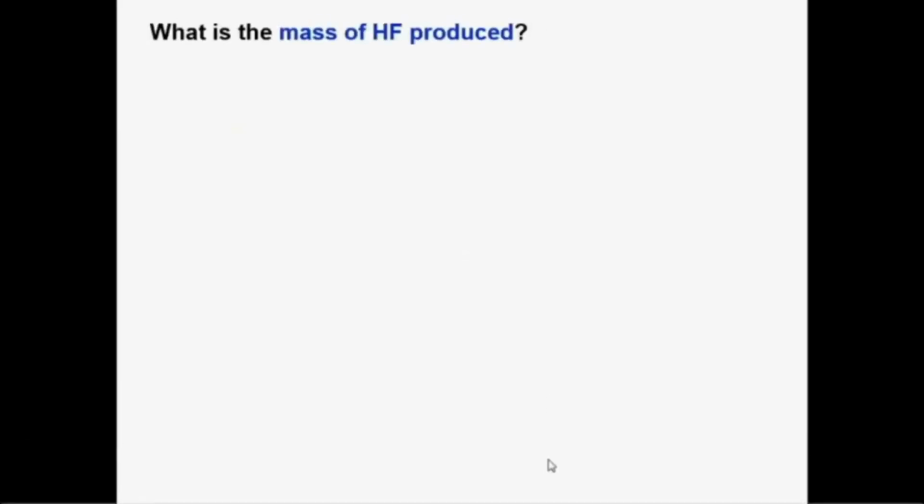Let's say, guys, we want to know the mass of hydrogen fluoride produced. Just now we determined the moles of hydrogen fluoride produced in the reaction, which is 4 moles.